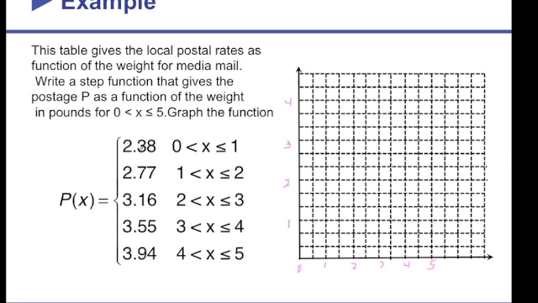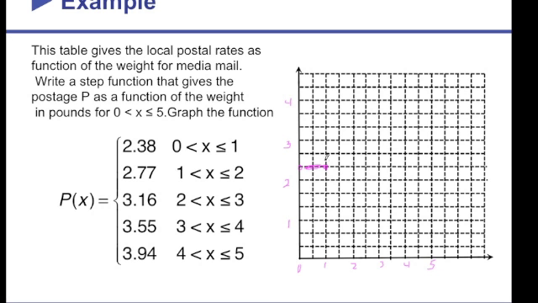So it's $2.38, so 2.38 would be just over a third here from 0, so I'll put a circle, and then I'll put a dot here at 1 and fill in between. So between 0 and 1 is this much.